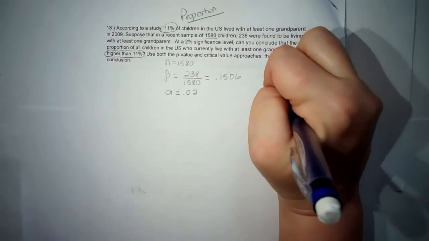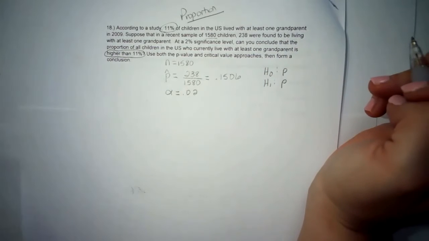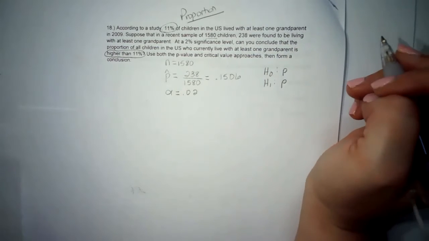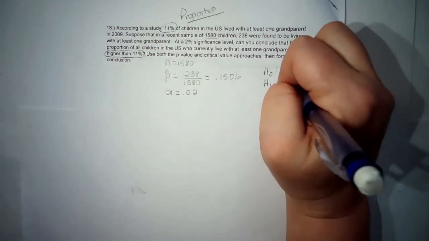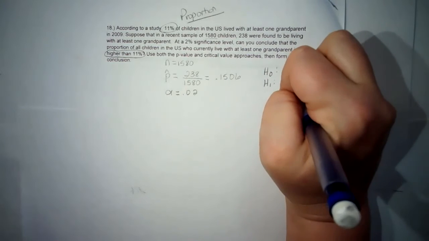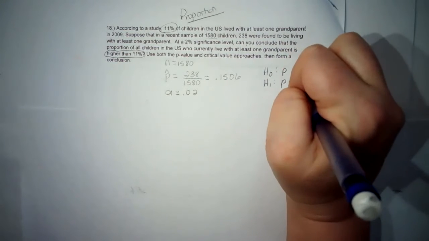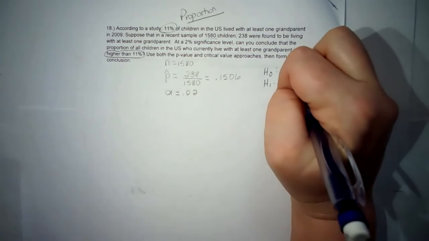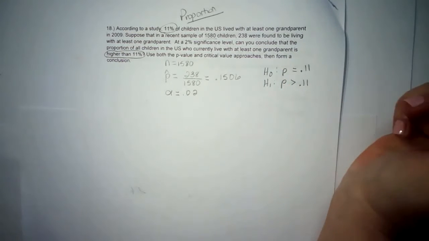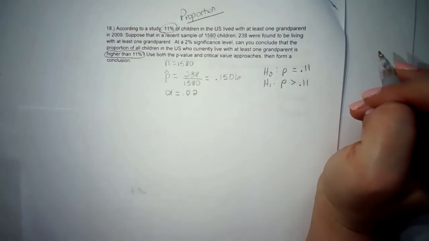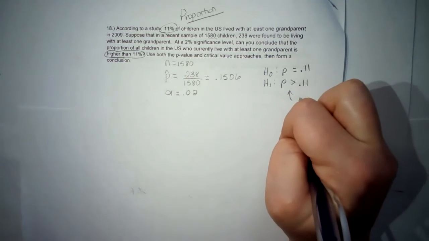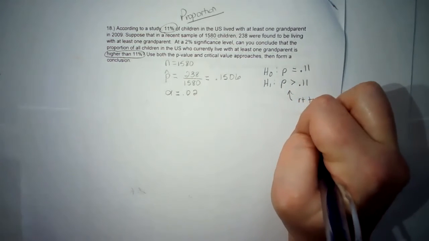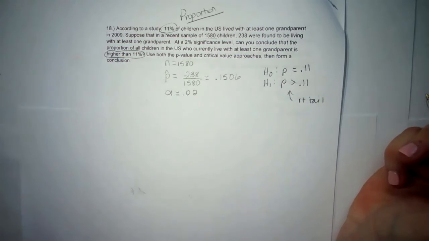Since we're doing proportion, we're going to have P. All right, let's do our alternative first. I see higher than 11%. So what kind of symbol am I using? Greater than 0.11, which means the null is going to be equal to. All right, what kind of test gives me a greater than? That's a right-tailed test. Okay.